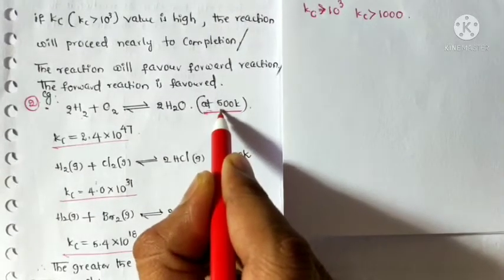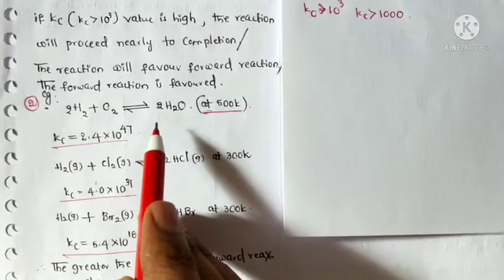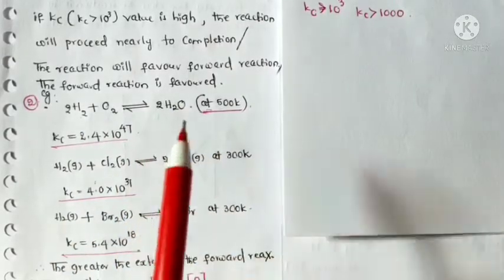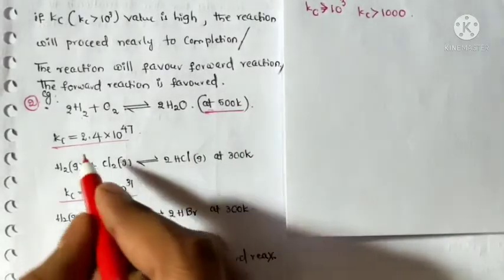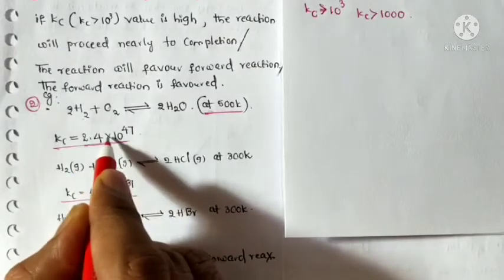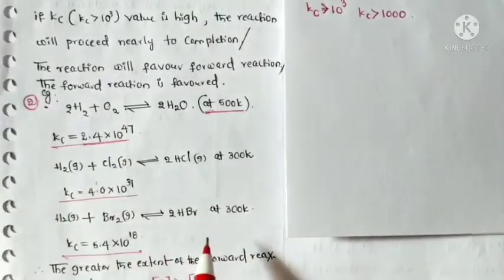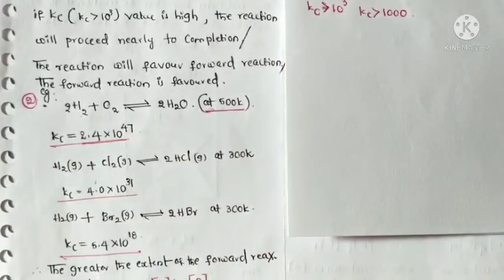As the temperature changes, the reaction composition also changes, because the equilibrium constant depends upon the temperature. So how much is the equilibrium constant for this reaction? 2.4 times 10 to the power of 47. That indicates that this reaction has a very high equilibrium constant value.